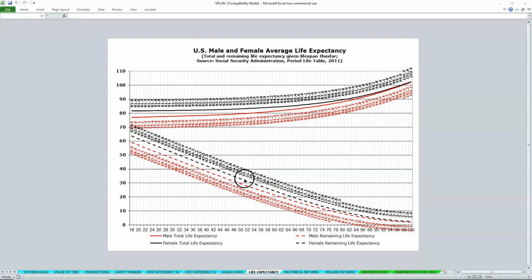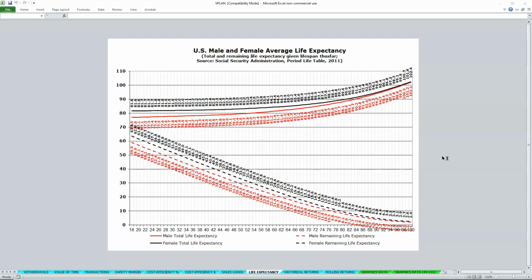The dashed black line declining in the lower portion of this graphic is the expected average remaining lifespan for females, and the dashed red line declining in the lower half of this graphic is the expected average remaining lifespan for males. Again, this remaining life expectancy data is related to the age indicated on the horizontal axis.